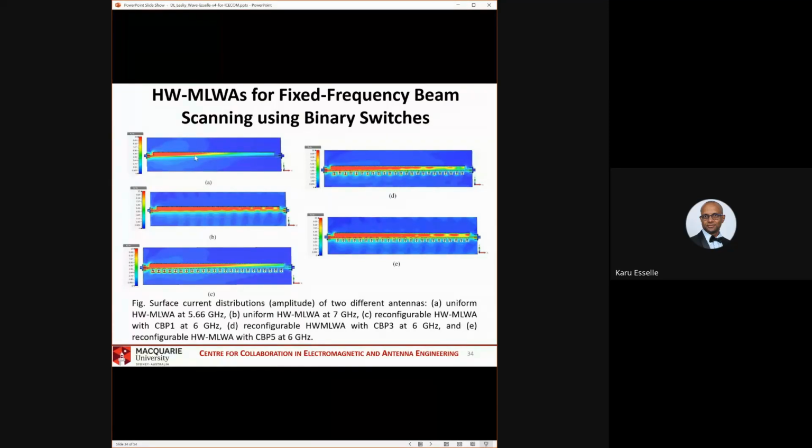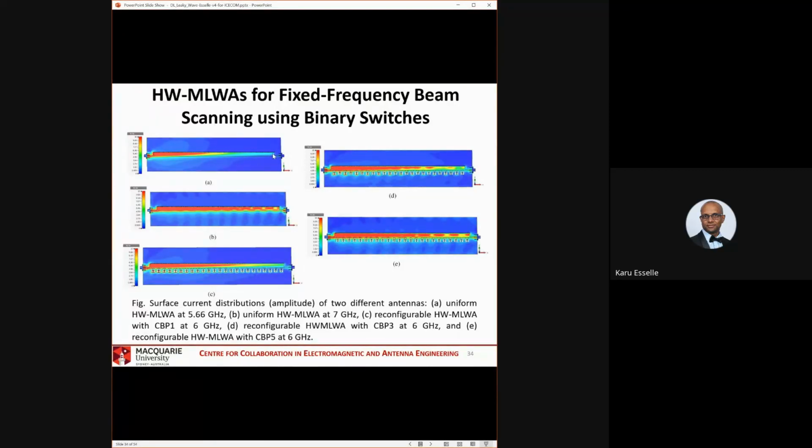Starting from the first one, it's a uniform half-width leaky wave antenna at 5.66 gigahertz, at a lower frequency. The current decays very rapidly. It's almost zero here.